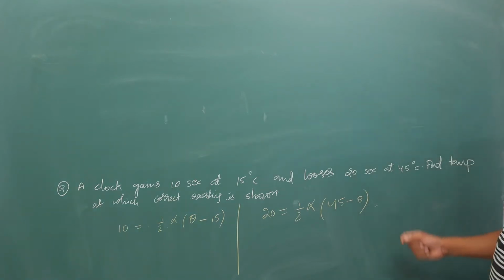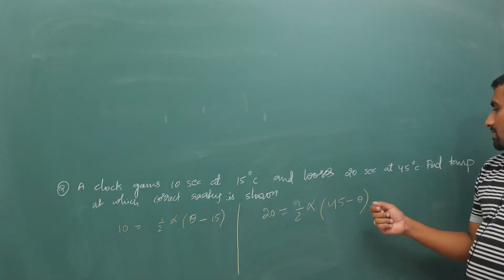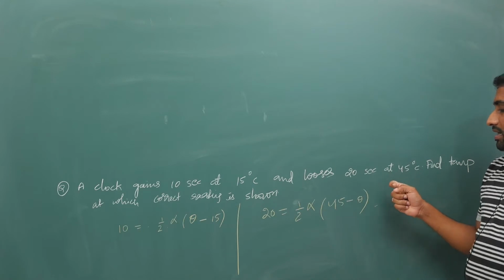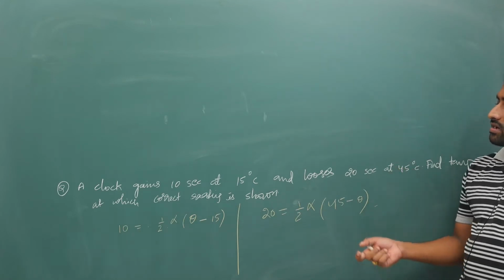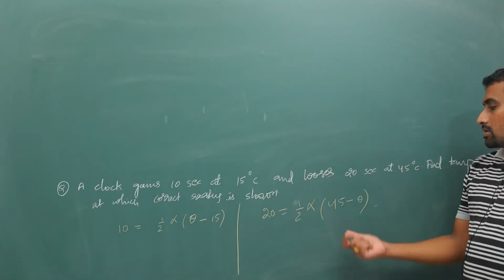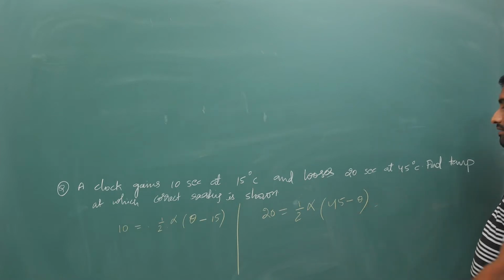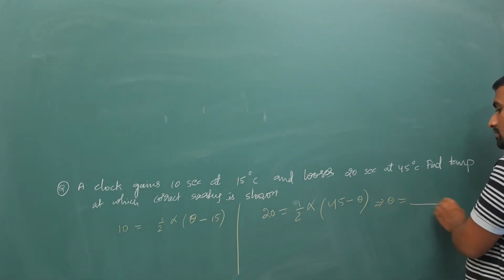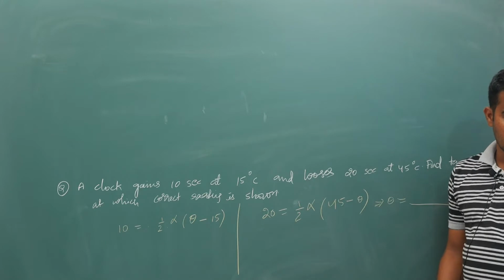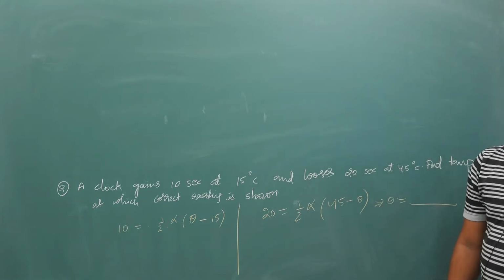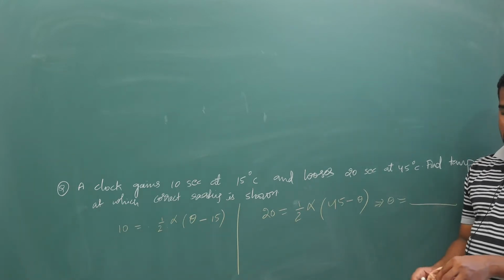You will have loss of time when delta theta is greater than 0. So the temperature is less than 45 and greater than 15. Solve these two equations, divide, and get the value of theta, and you will get the answer. Like this you can do basic questions.